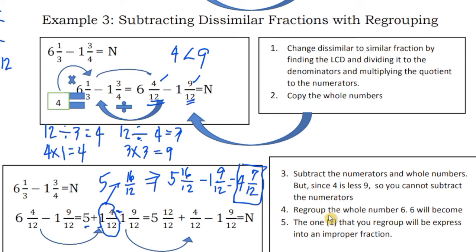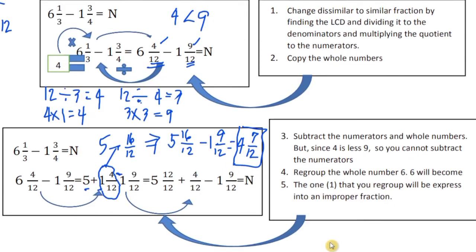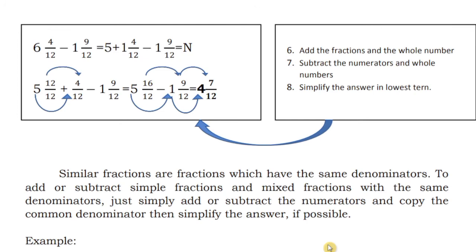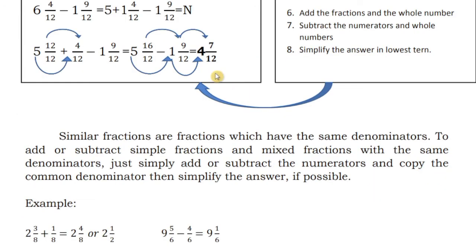So we have to regroup the whole number, breaking up 6 to make it 5 plus 1. Then the other one should make use of the improper fraction. As you can see here, we now have 7/12.